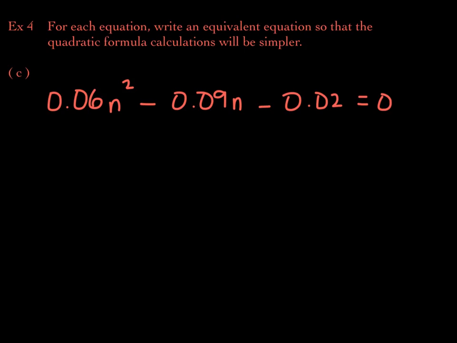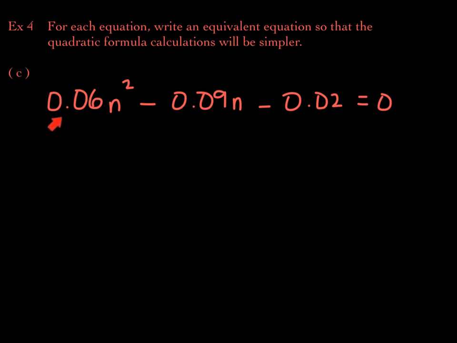Now for this equation, I think the obvious move here is let's get rid of these decimals. Don't forget decimals are fractions, okay? So what we can do is we can move this decimal, well, all these decimals, if we move all of them 2 spaces to the right, then these coefficients become integers only instead of these fractions.